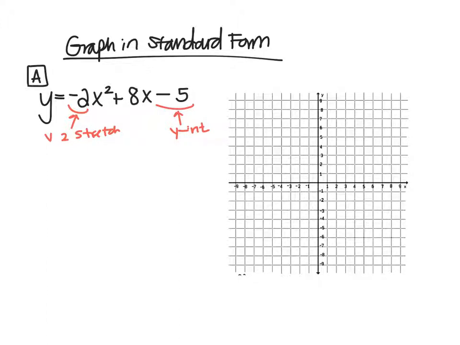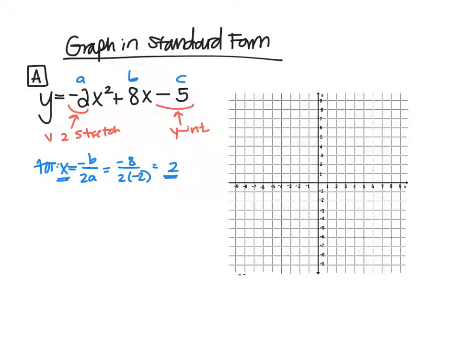So my formula for the axis of symmetry is that x equals negative b over 2a. And I know what a, b, and c are, so that's going to give me negative 8 over 2 times negative 2. And when I work that out, that gives me the axis of symmetry of positive 2. Now, that's the x value for the axis of symmetry.